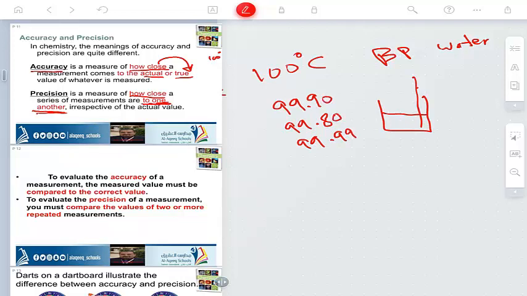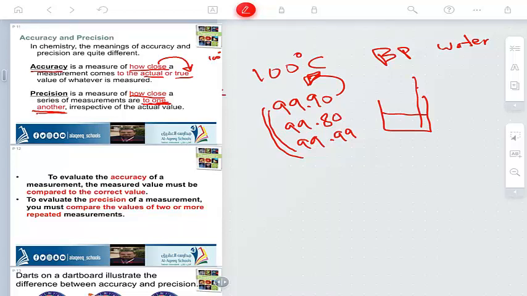All of them are very close to each other, yes, and also very close to the true number. If the value is close to the true number, the actual number, it means it's an accurate measurement. If the values are close to each other, it means this measurement has precision.